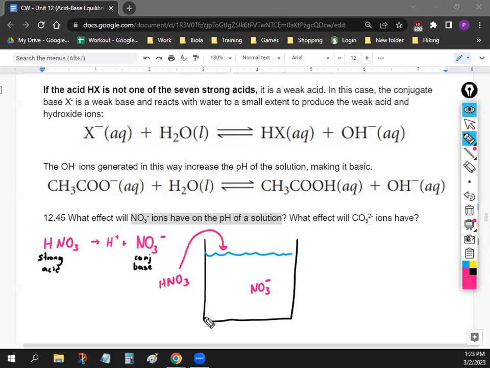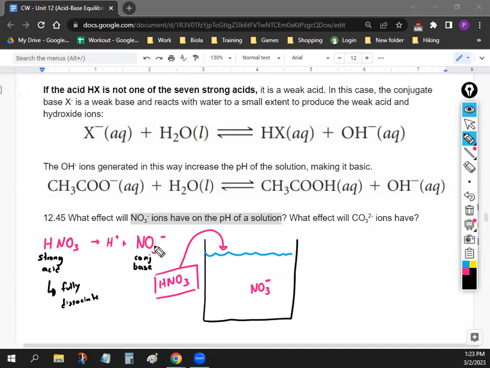Just based on what you guys know about strong acids, if I add HNO3 into a solution that already has NO3, will it affect HNO3's dissociation? No. The reason why is because it's strong, right? Strong acids, by definition, fully dissociate. It doesn't matter if there are other ions in there, because you're probably thinking Le Chatelier's principle, right?